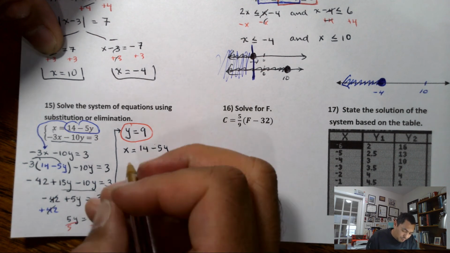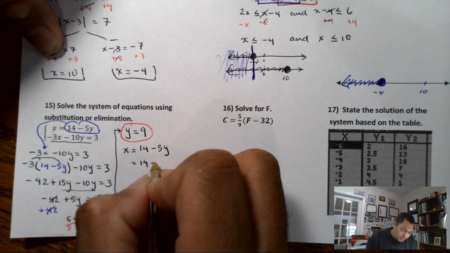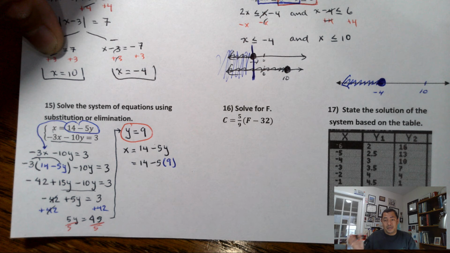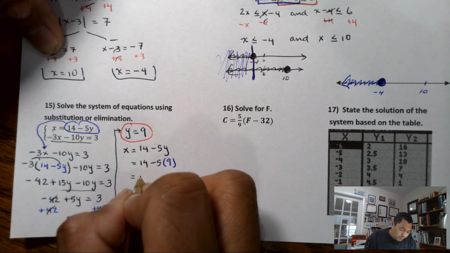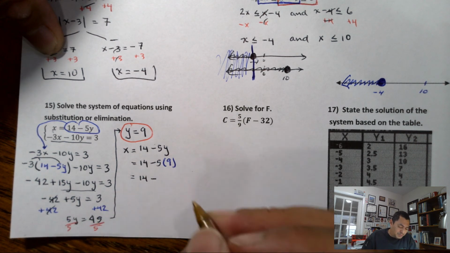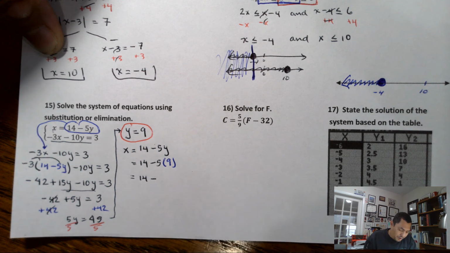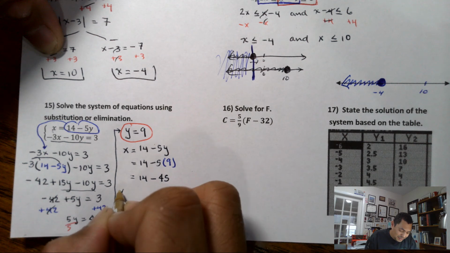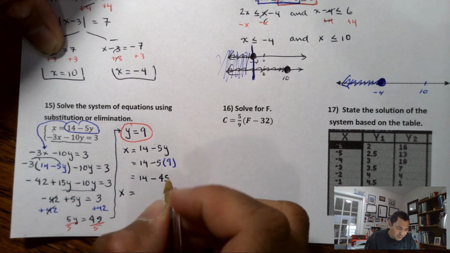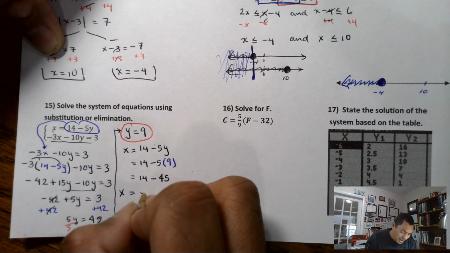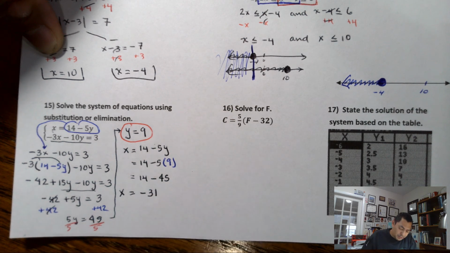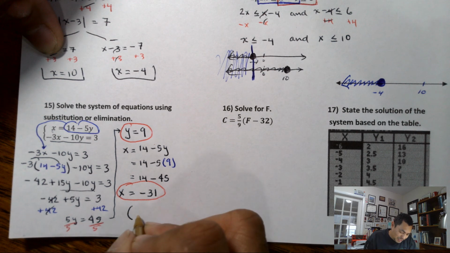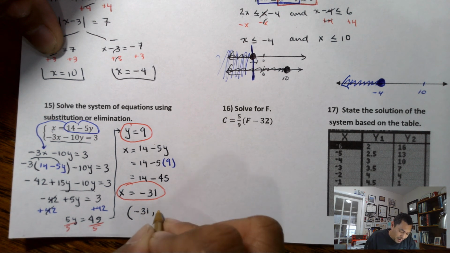So this equals 14 minus 5 times 9, because now I know that the value of y is 9. 5 times 9 is 45, negative. And then I have that x equals 14 minus 45, which equals negative 31. So I'm ready to give my solution. It's the point (negative 31, 9).